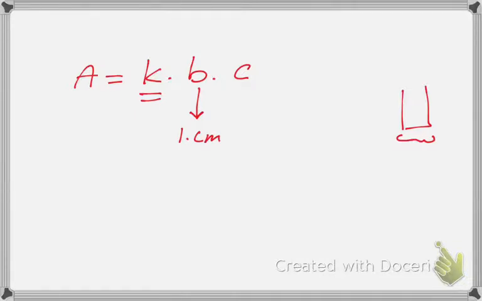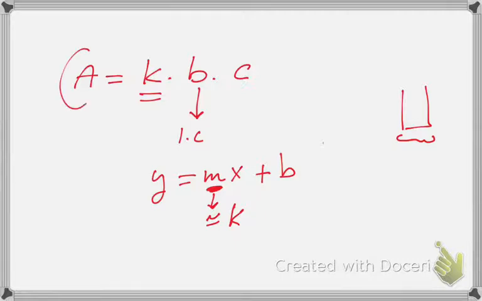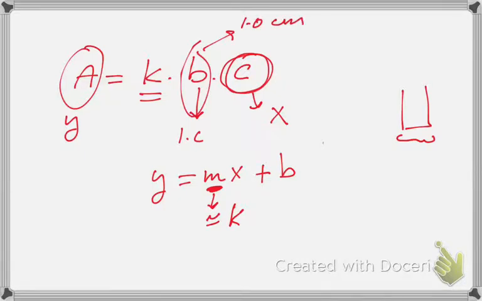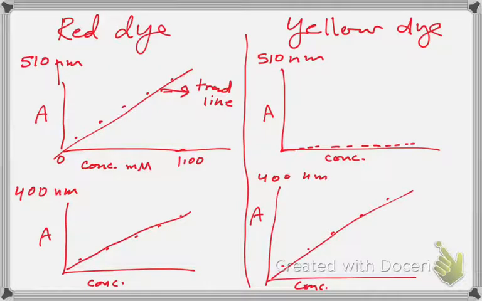That means that if you look at your linear equation, y equals mx plus b, you will see that the slope here should be almost equal to K, because the absorbance is y, the concentration is x, and the path length is 1 centimeter, so the slope will be equal to K. If I go back here, you can get K here.